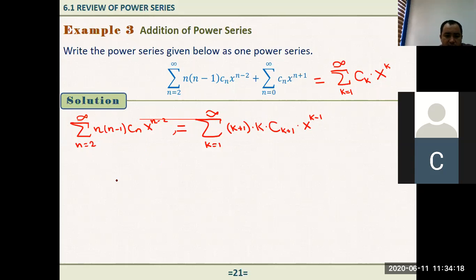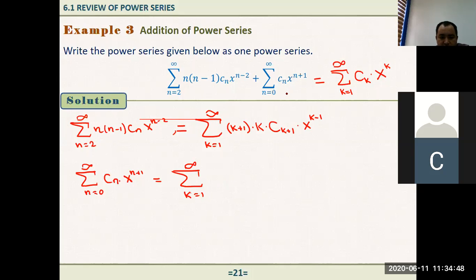The second one is sigma n equals 0 to positive infinity, c sub n times x to the power n plus 1, right? Again, if I just write this in a similar way, let's say it starts with 1, k equals 1 to positive infinity, right?